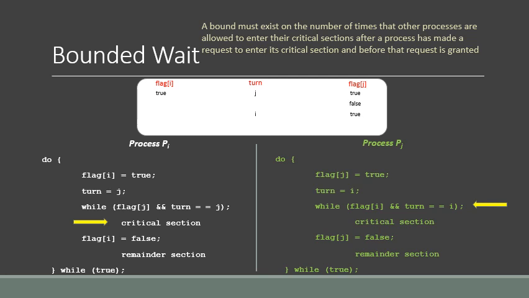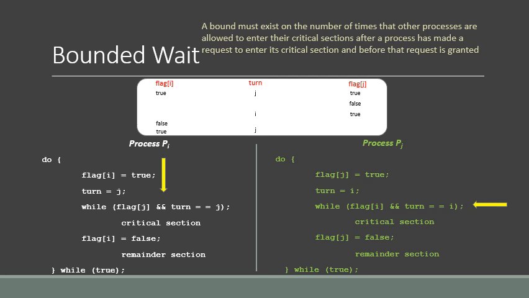After process Pi has executed its critical section, it would change the flag of i to false and execute its remainder section. Now suppose process Pi again wants to execute its critical section, so it would change the flag of i to true and set turn equal to j.